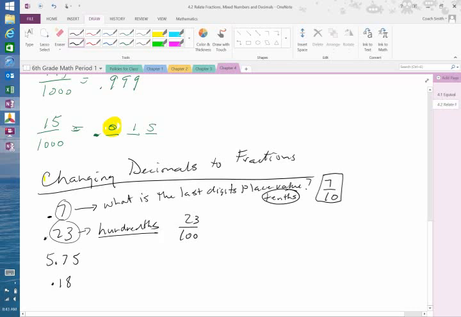Now, if it will reduce, you've got to reduce it. Sometimes they do reduce. You're just better off reducing it when you can. These last 2 you'll be able to reduce, and I'll help you out with that.